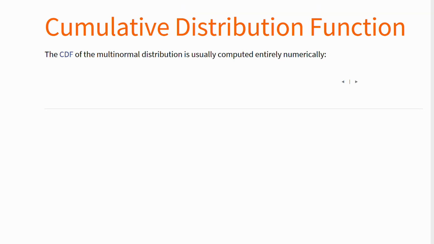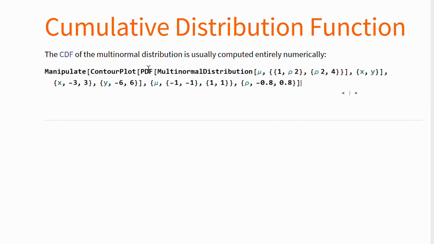Considering how complicated the PDF was, you can guess the CDF is going to get even more complicated. In fact, simplifying the integral algebraically is impossible in most cases. So let's just stick to visualization on this one, with the same code, modifying PDF to CDF.